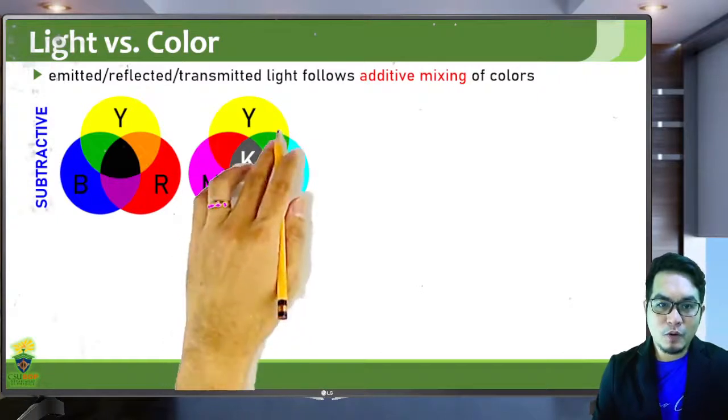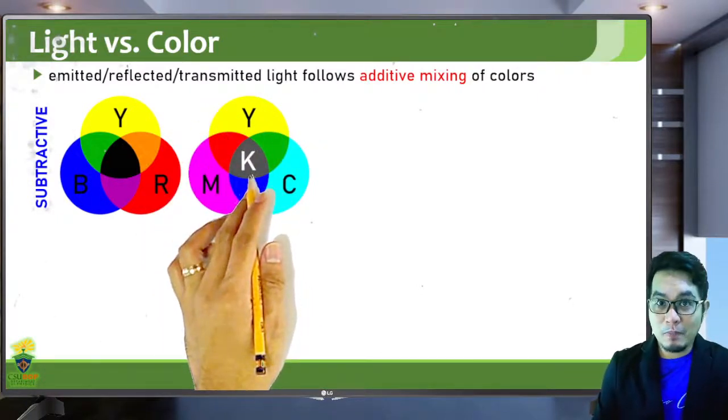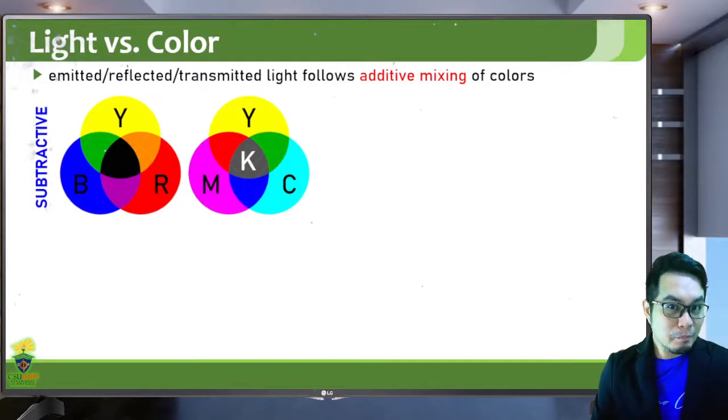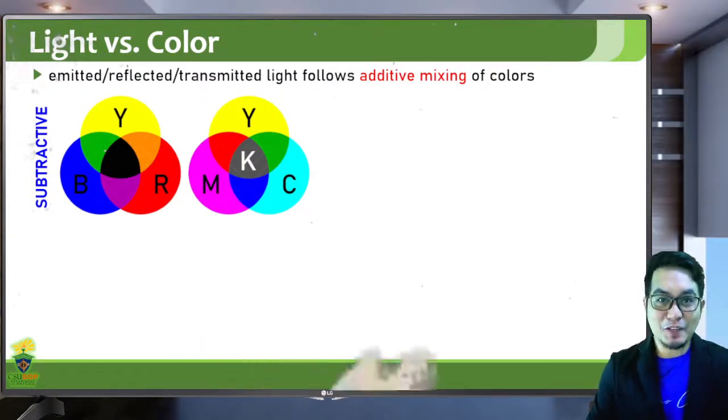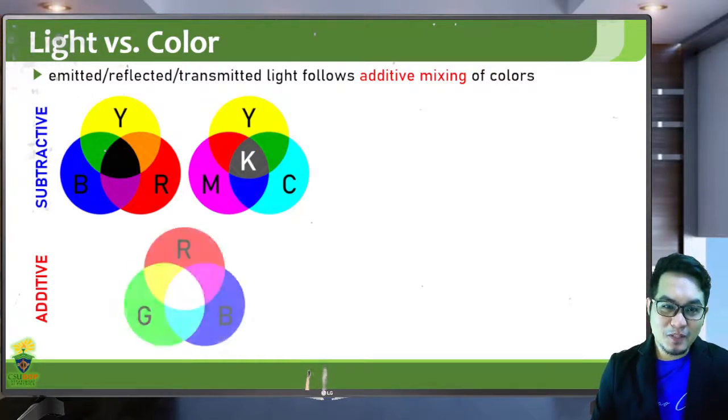If you combine all of this, you will get the key color. The key color is usually black. So subtractive color mixing is only applicable in paints, pigments, or inks. And you must not use this analogy when you are dealing with light. So when you are dealing with light, you must use the additive mixing of colors.